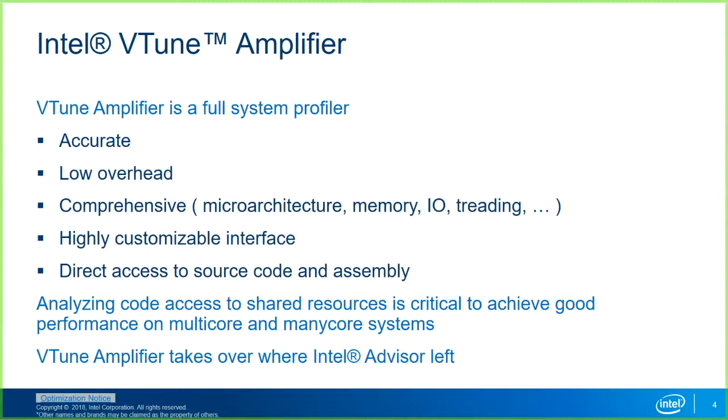And VTune works at many scales, so it works on a single core, single thread, multiple threads, and multiple ranks. So you can use VTune to analyze your application at any scale. The overhead for a lot of these collections is really low.